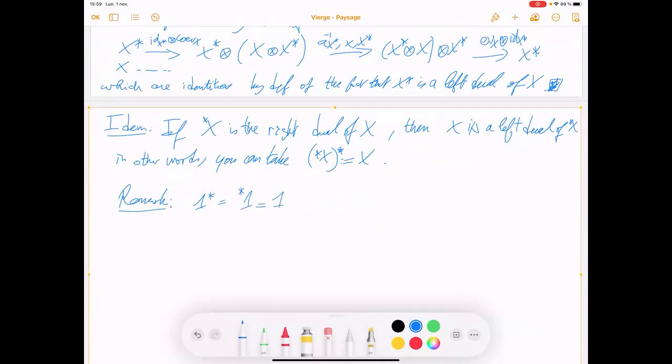So by convention, 1 tensor 1 equals 1. Just take Ev and co-Ev to be identity.